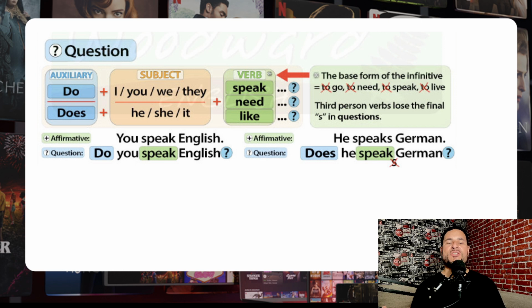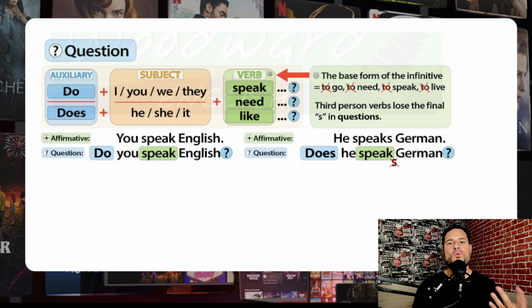Now, the questions, okay, the interrogative. You say, do I, do you, do we, do they, and does he, does she, does it. So to ask questions, you change the order. Okay, the do or does comes to the beginning of the sentence. Does he, does she, do you, do we.